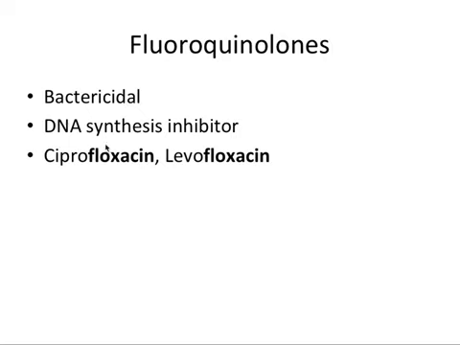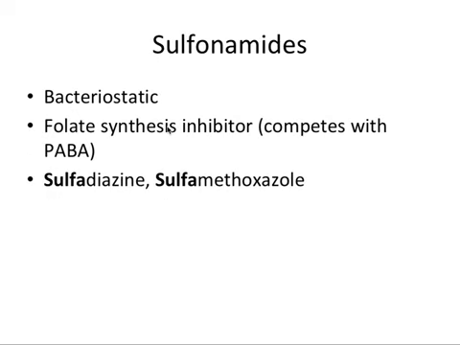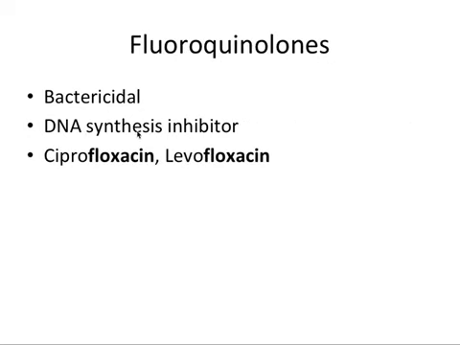So the fluoroquinolones are DNA synthesis inhibitors, whereas the sulfonamides sort of indirectly impacted DNA by inhibiting folate synthesis. The fluoroquinolones directly inhibit the synthesis of DNA itself. Now for this one, ciprofloxacin and levofloxacin are some examples, and notice that the suffix here is the same. So this floxacin, if you see that, then you know it's a fluoroquinolone.